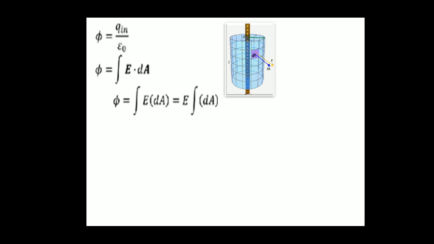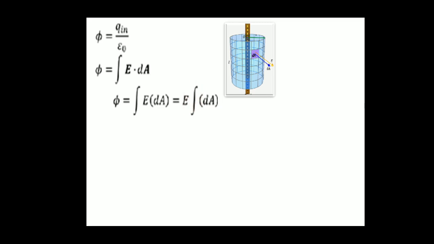What is cos theta? Here for the flat surface it is 90, so cos 90 is 0. So I am not taking the flat surface. I consider only the curved surface, so it becomes E into dA. E is a constant, so I will take it outside the integral, and I have to find the total surface area of the curved surface.